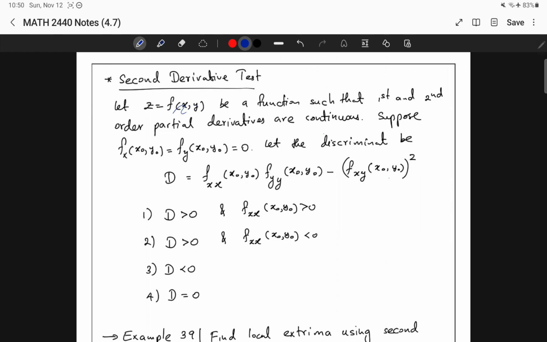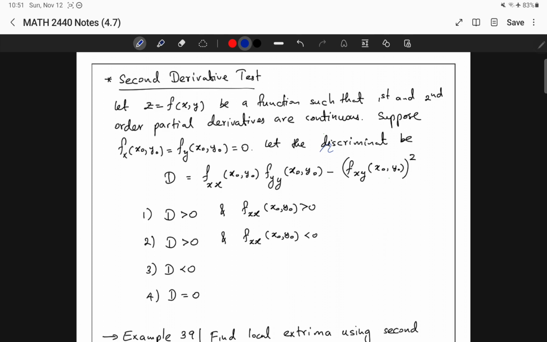Consider the function f(x,y), where its first and second order partial derivatives are continuous. And suppose the partial derivatives are equal to 0 at this point x0, y0. That means x0, y0 is a critical point.